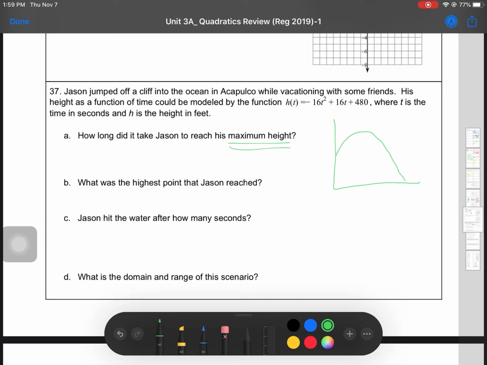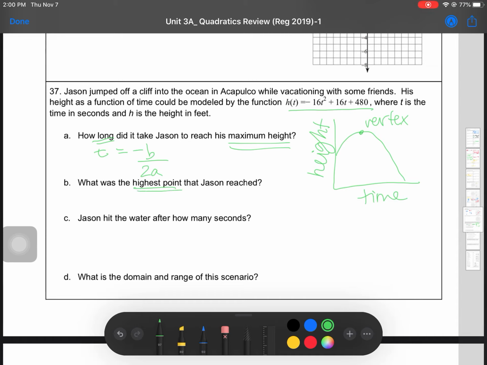Okay, on part A, it wants to know how long, so it wants to know the time, or my t value, which is my x, that it takes to reach the maximum height. Well, the maximum height is going to be my vertex. So that means that to find this t value, I just need to find the x-coordinate in my vertex, which I find by doing -b over 2a, to the equation that they gave me here.